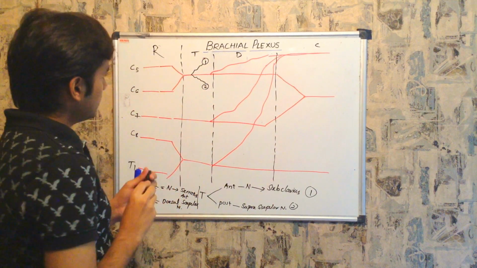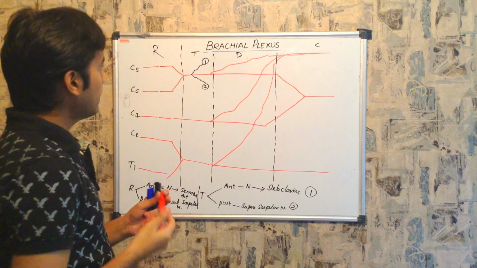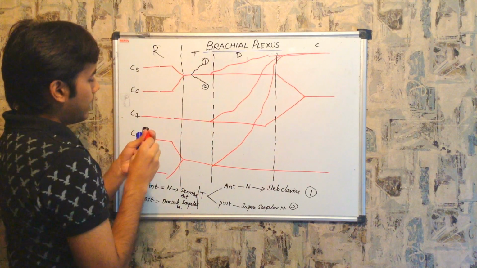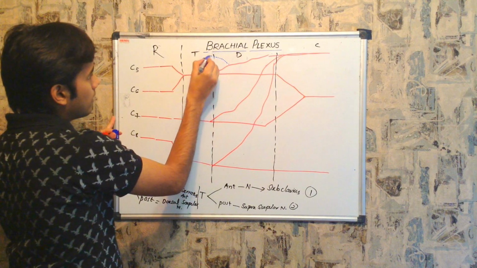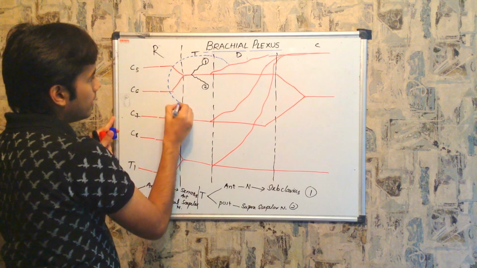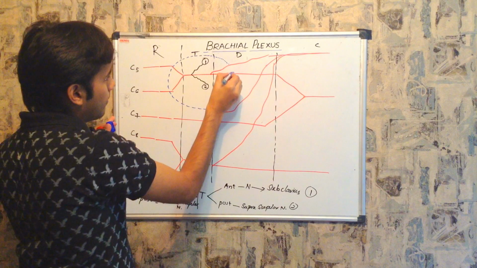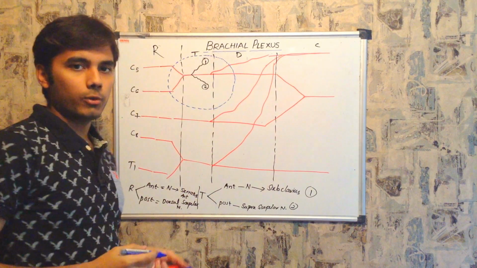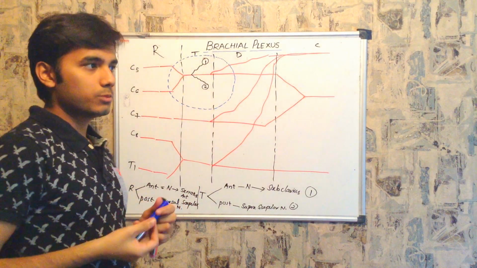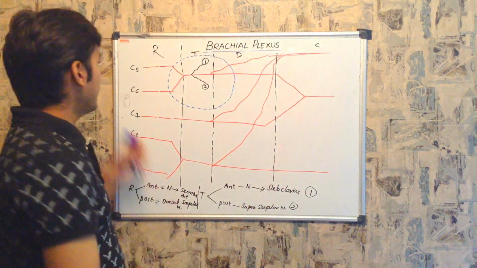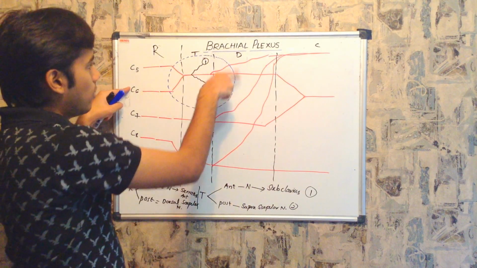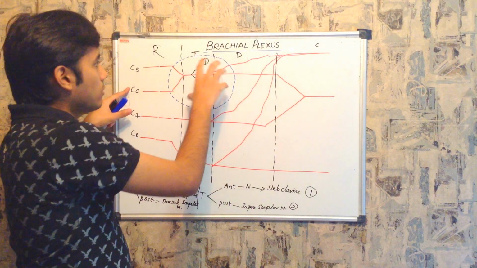So the clinical aspect which I need to discuss here is exactly this part, this point. This point is called Erb's point. What exactly is Erb's point? The nerve roots of the spinal cord segments C5 and C6 are called Erb's point. So what exactly happens?